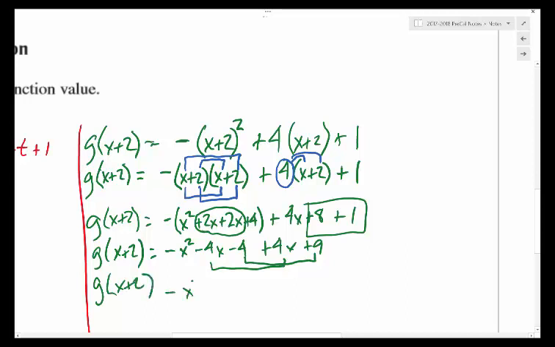So I'll have negative x squared. Minus 4x and plus 4x cancel out. And negative 4 plus 9 is positive 5. So if I evaluate the function x squared plus 4x plus 1, where the x value I substitute in is x plus 2, my resulting answer, g of x plus 2, is negative x squared plus 5.